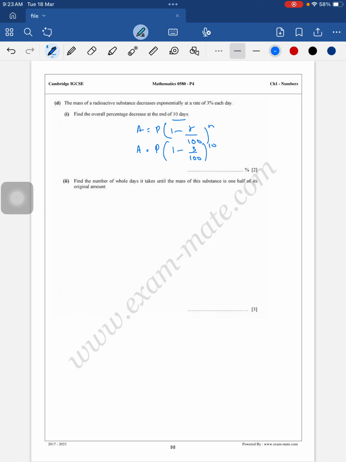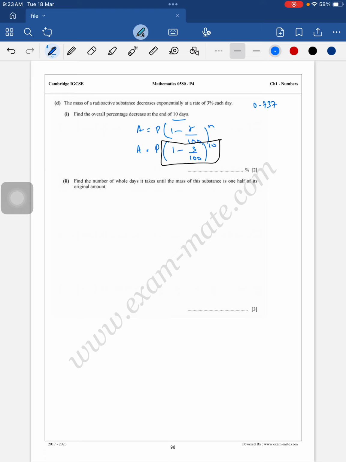1 minus 3 upon 100, power 10, is 0.737, right? The answer for this factor is 0.737.